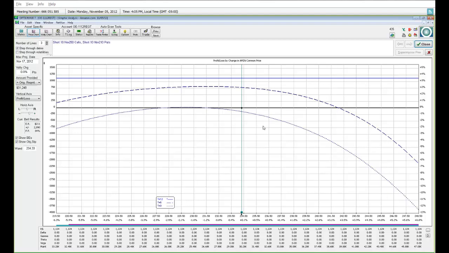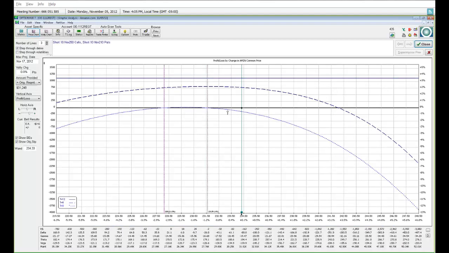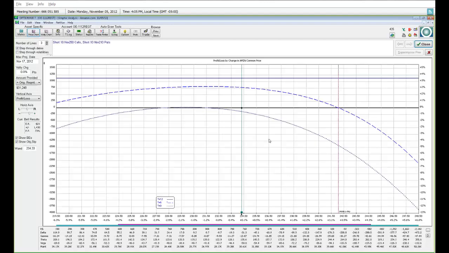Now, you see this little line right here that drops off? All right, that's today. That represents what would happen theoretically if you were to sell calls and puts against Apple today, and the market moved up. Theoretically, you might lose some money, right? Well, look at this line right here.